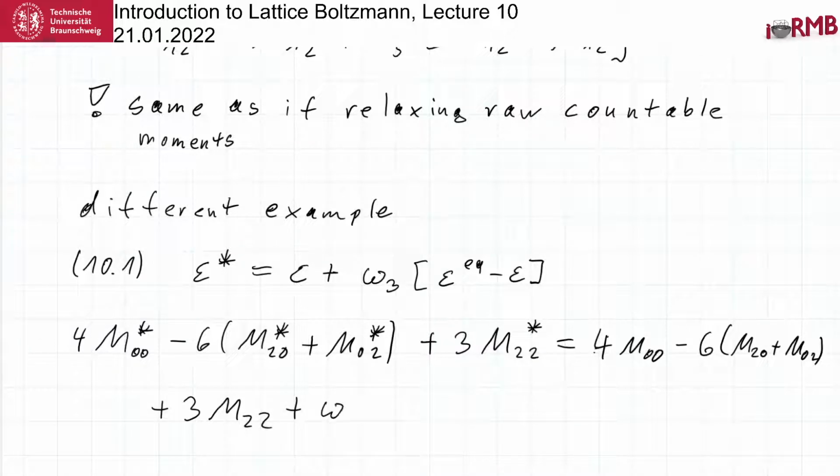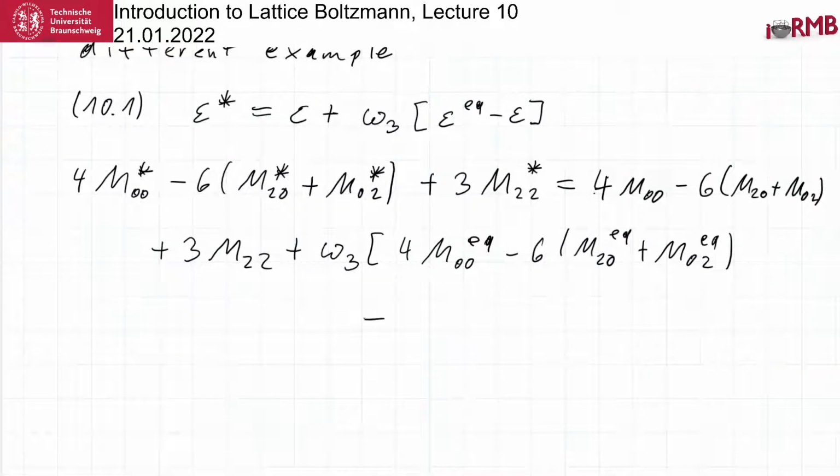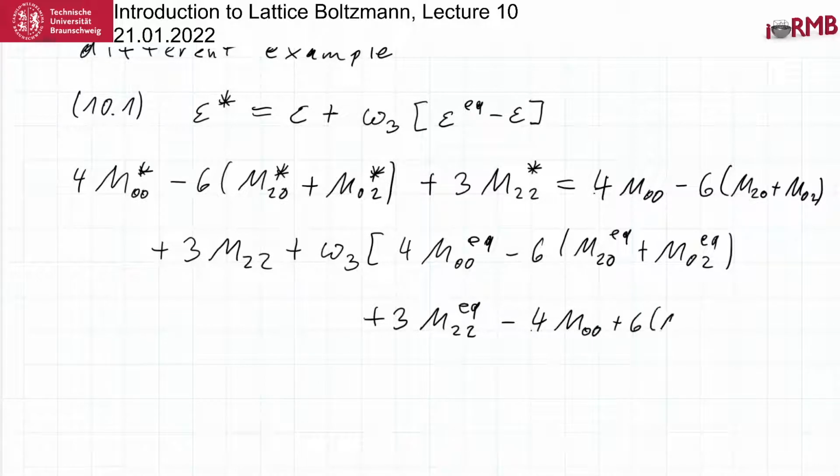Plus now comes the relaxation part, which is 4 m00 equilibrium minus 6 m20 equilibrium plus m02 equilibrium. So this is a long equation, plus 3 m22 equilibrium minus 4 m00 plus 6 m20 plus m02 minus 3 m22.